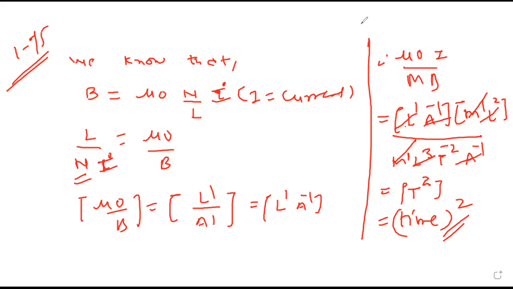Krisha, read the next one. Yes, sir. Dimensions of L upon RCV, so that will be ohm second. Bas beta bas, chalega abhi. Now these are all new terms, we have not heard them anywhere yet. But we know something: L by R is time only, ohm second upon ohm, that means time. Correct.